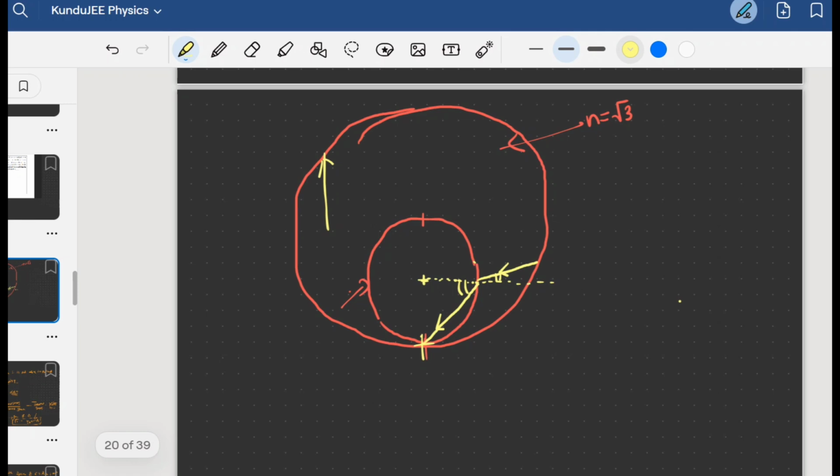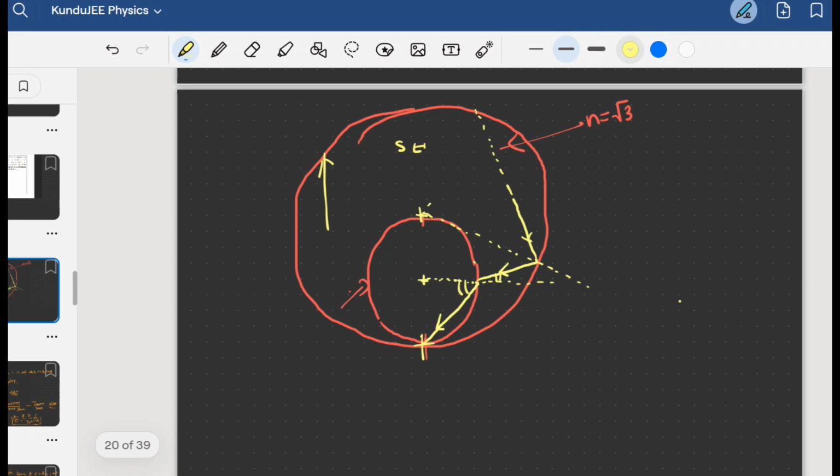Now here, what is the normal? I have to join the actual glass center with that particular point, and that will be our normal at this point. So after the reflection, it is looking like this. Before the reflection, maybe it looked like this, and here was the light source, let's say.